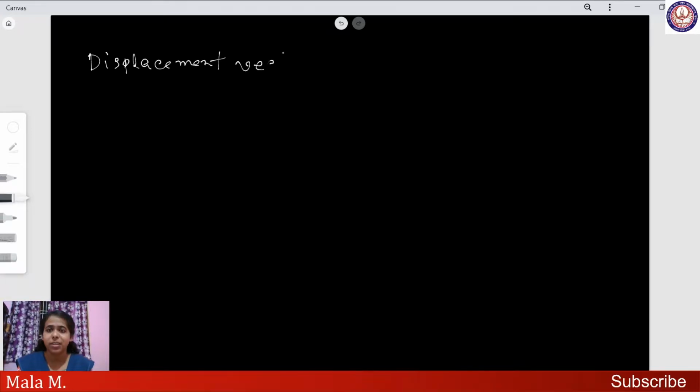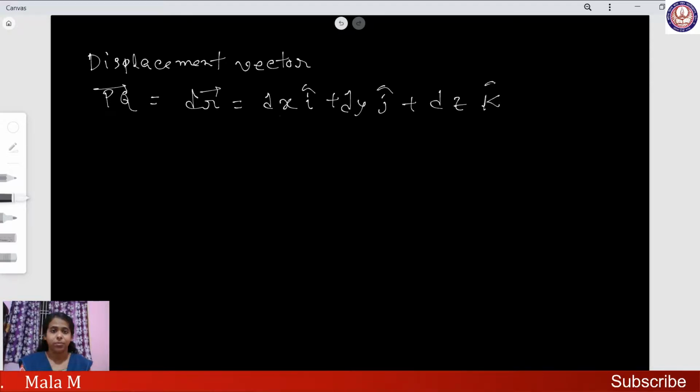Obviously, displacement is a vector like the position vector PQ. Since it is very small, here we define it as dr. So dr is equal to dx i plus dy j plus dz k.